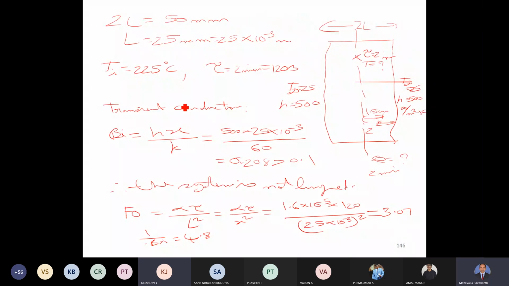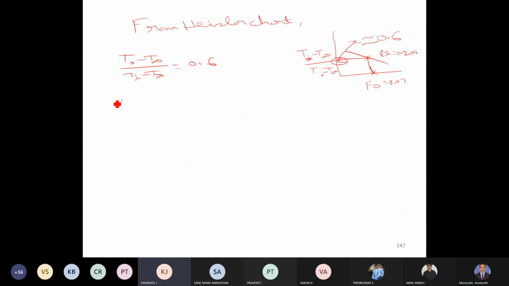Now we have T infinity as 25 and Ti as 225. T naught minus 25 divided by 225 minus 25 is equal to 0.6. So this implies T naught, the center temperature, will be 145 degrees Celsius.